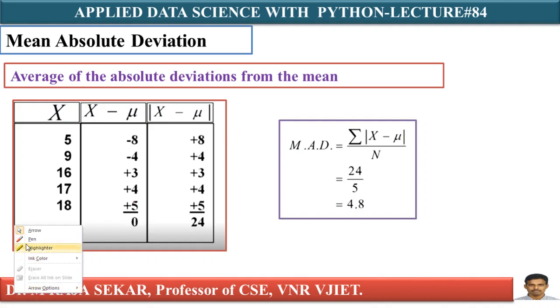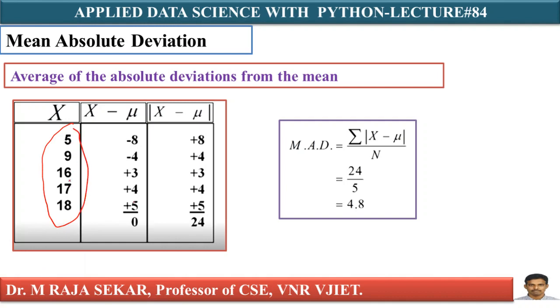These are the values 5, 9, 16, 17, 18. What is our mu value? I already discussed it. It is 13, isn't it? 5 minus 13, 9 minus 13 is minus 4, 16 minus 13 is plus 3, 17 minus 13 is 4. I calculated the mean in my previous slide. 18 minus 13 is 5.